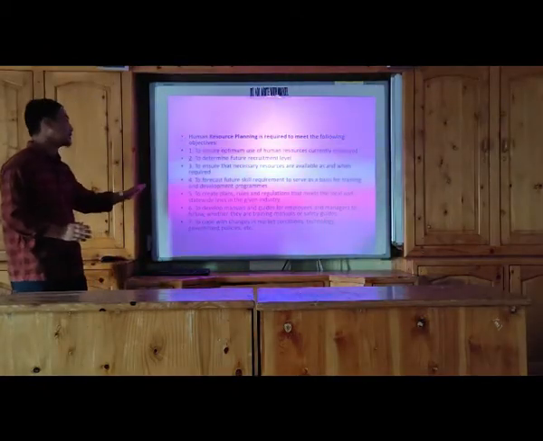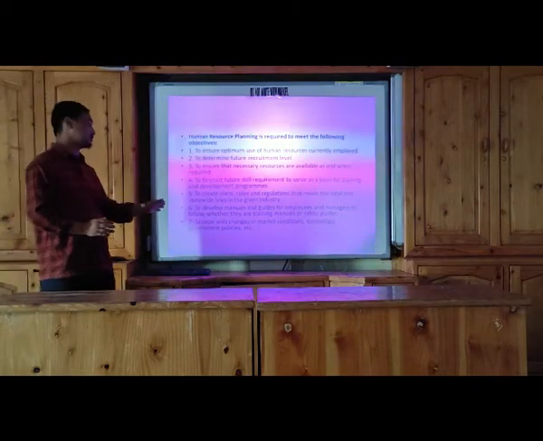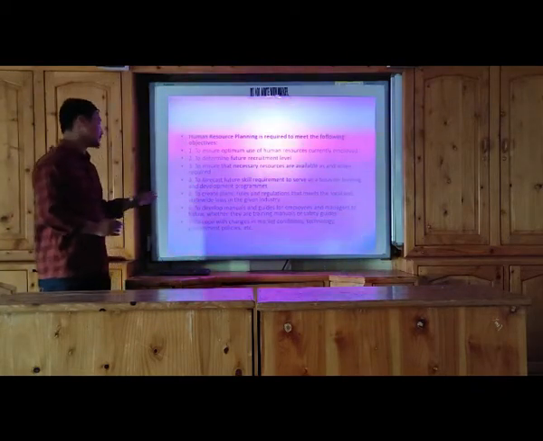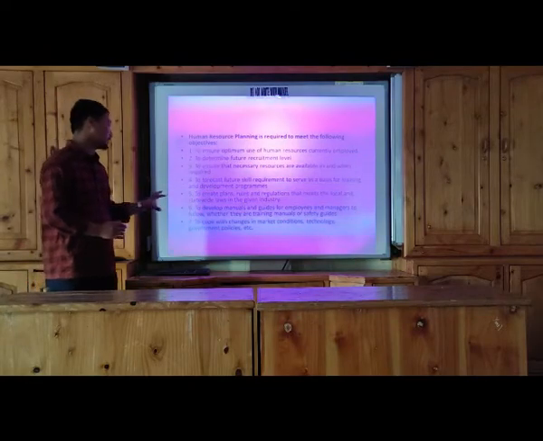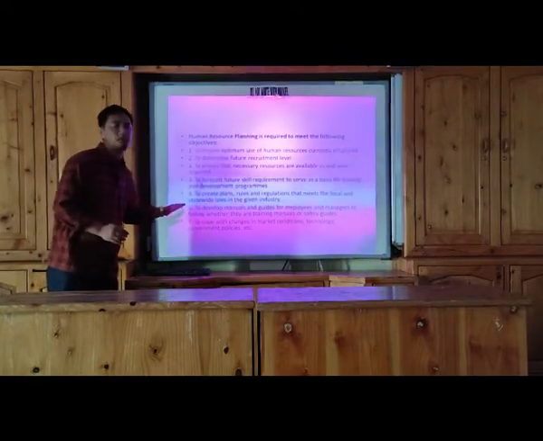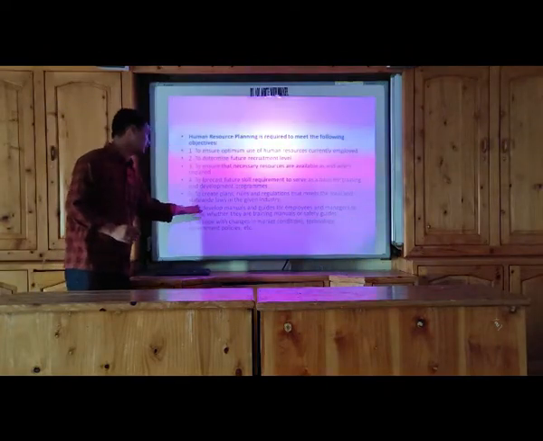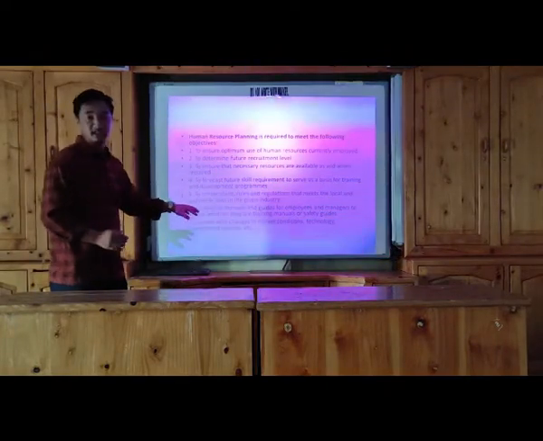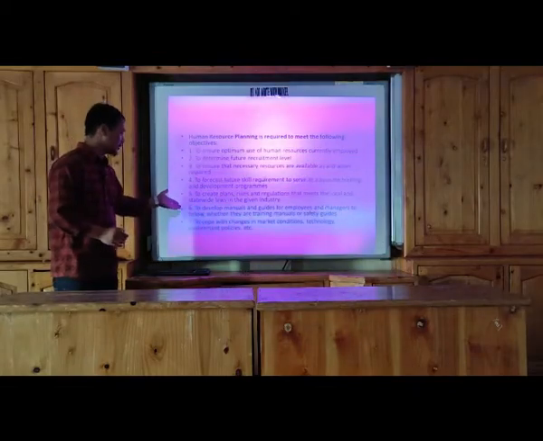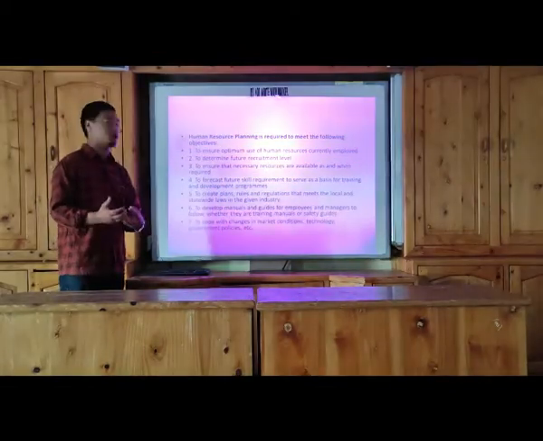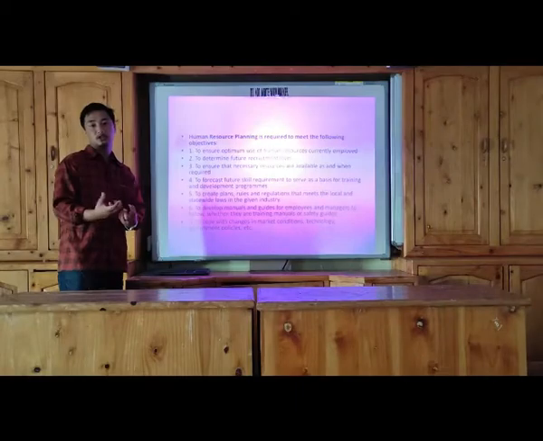Number 5 is to create plans, rules and regulations that meet the local and state-wise law in a given industry. So this is one very important thing that we have come about. We are talking about abiding by the rules and regulations of the state.